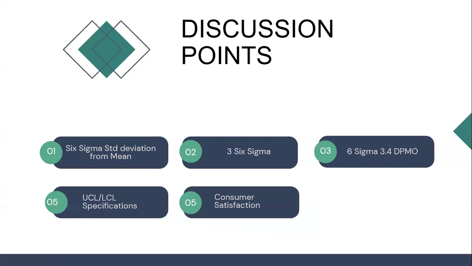When it comes to the Six Sigma standard deviation, for example, you know what an average is, right? When you take 10 units and calculate the average, you get the mean. And what is the standard deviation from the mean? Say, for example, I have 10 values, and my average is roughly 5.